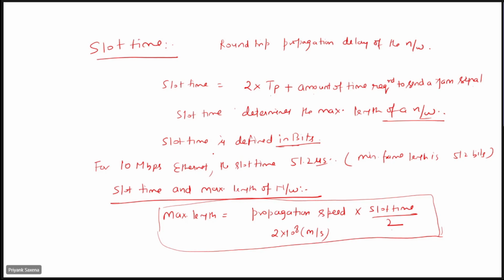Okay, ideally the slot time should be small, because what does the slot time mean? That the moment the station has transmitted, it has reached the farthest end of the network.